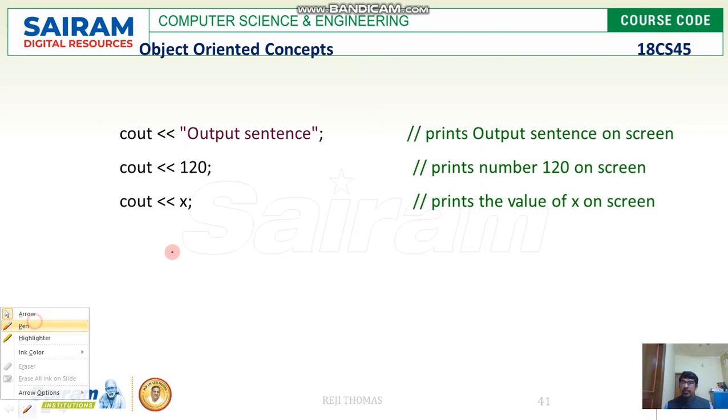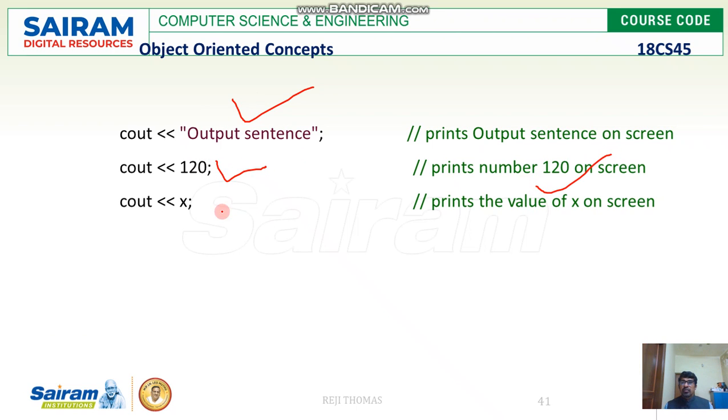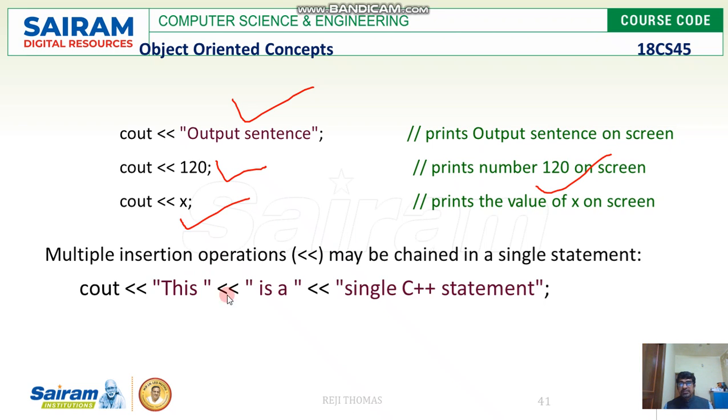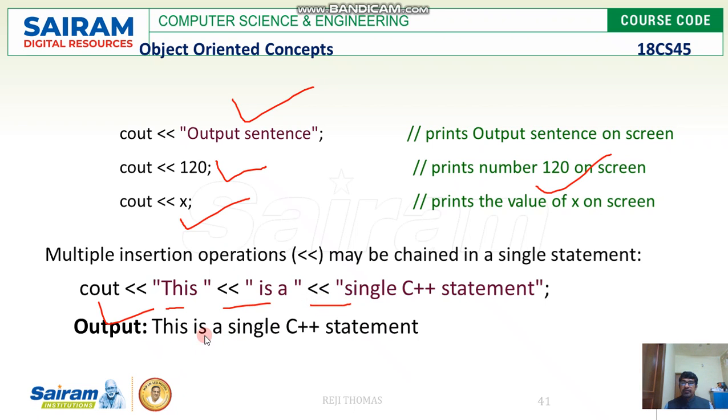We can give a cout output statement. With cout you can print a number, or we can give x, which is going to print the value of x. So you can have multiple insertion operators. Look at this. We have used a single cout statement, where we have used multiple insertion operators. This is a single C++ statement.